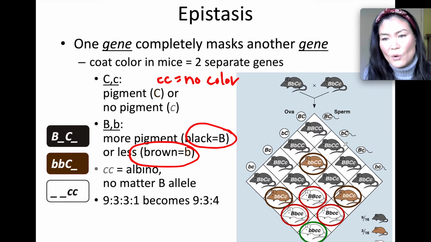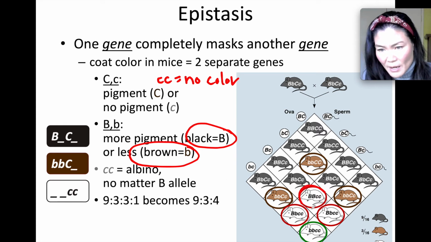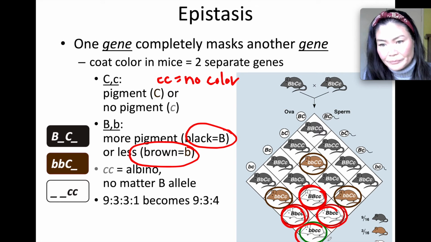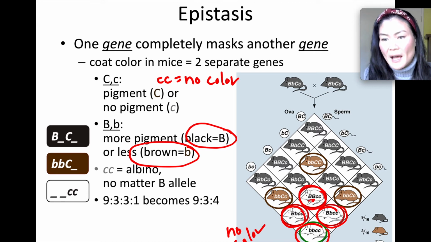We don't have a whole lot of time to go through this, but if you look at this dihybrid cross, you're looking at black versus brown, or pigment versus no pigment. These mice have inherited the little c, which means they're going to have no color. They're going to be white. But notice how there's a big B. So what color should it have been?